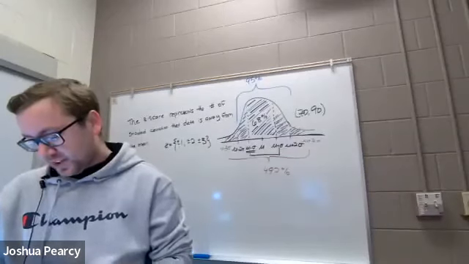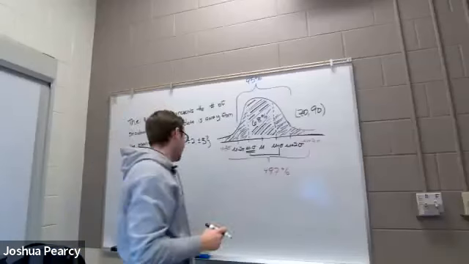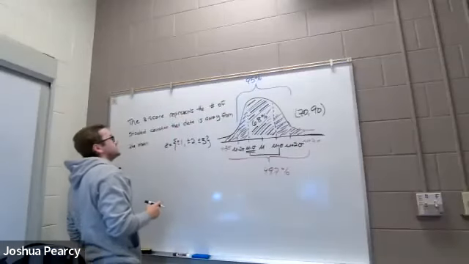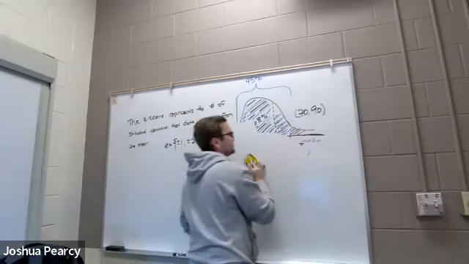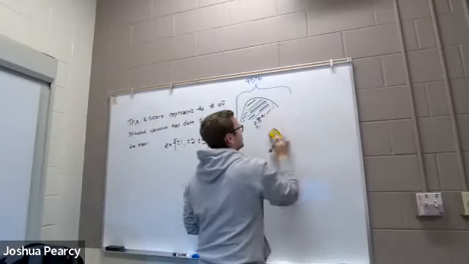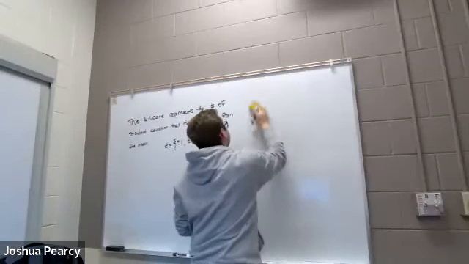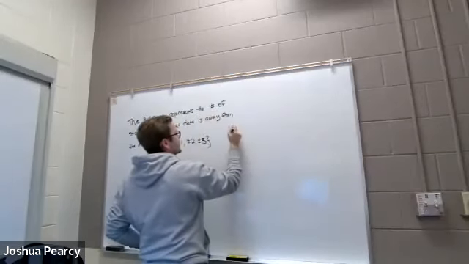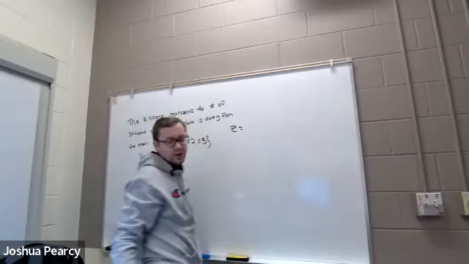Now, we need to generalize this more. So for sample data, we will define the z-score to be, I'll write it right here. So for sample data, the z-score is equal to what?